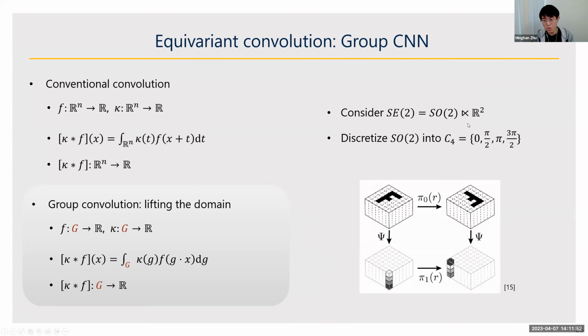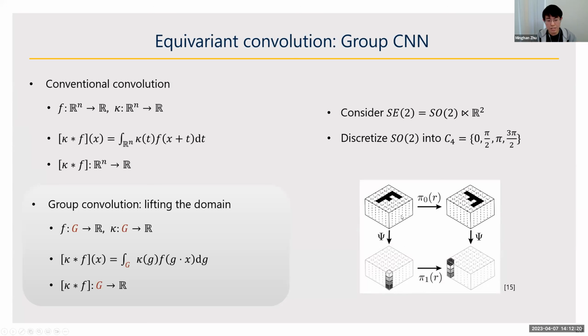It is SO2 times R2. And here, because we are doing convolution, we need a discretization. We now discretize the SO2 rotation to 4 90-degree rotations. That is 0, pi over 2, pi, and 3 pi over 2. So basically, these are the 4 rotations discretized in the SO2 space.